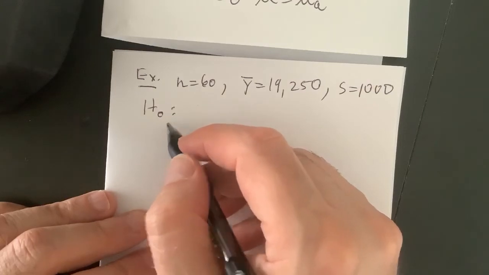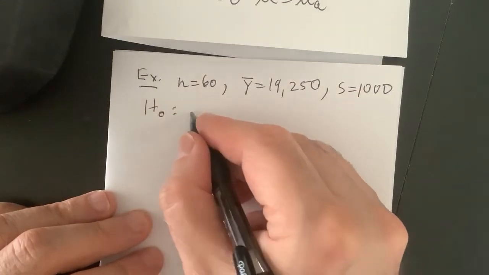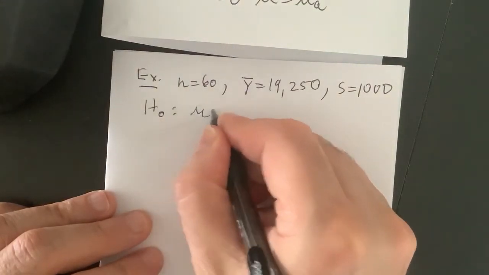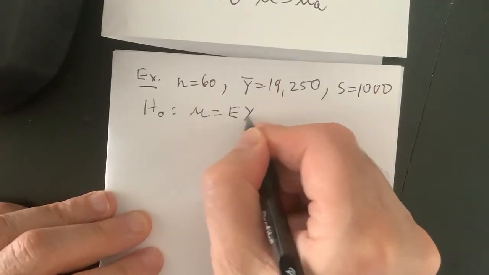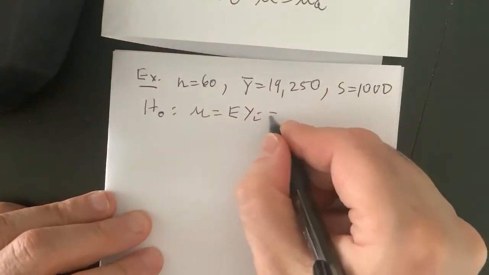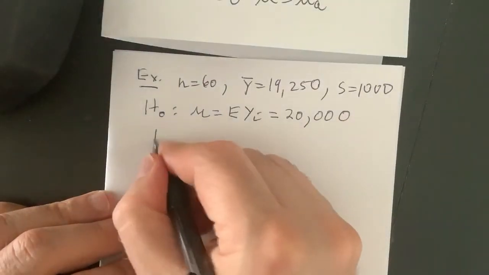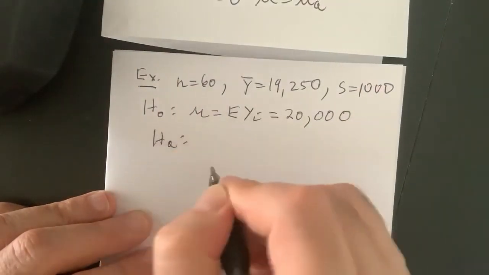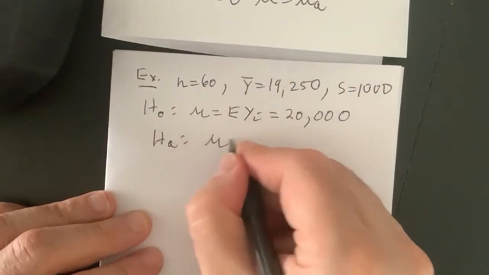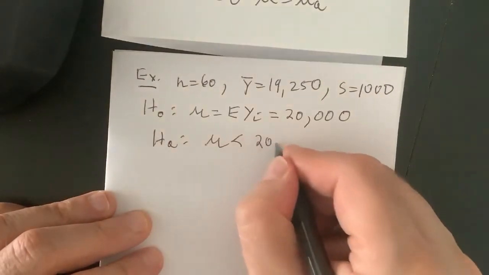So H0, let's just use the new notation. Now we'll have mu, which is just E of yi, equal to 20,000. I want to be able to go back and forth between the two notations. And HA will be mu less than 20,000.